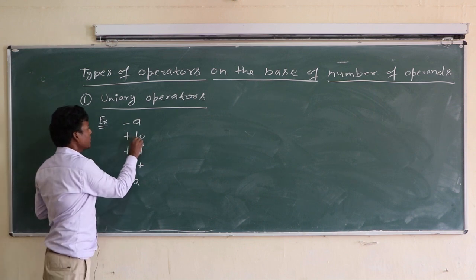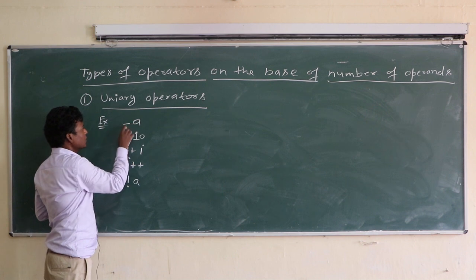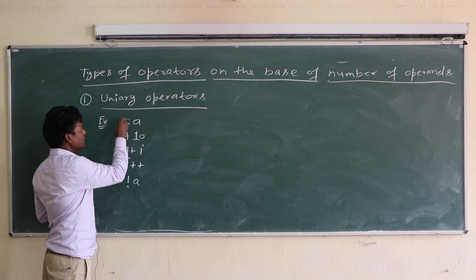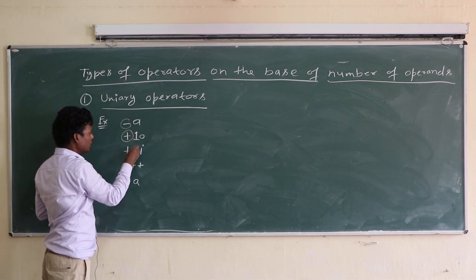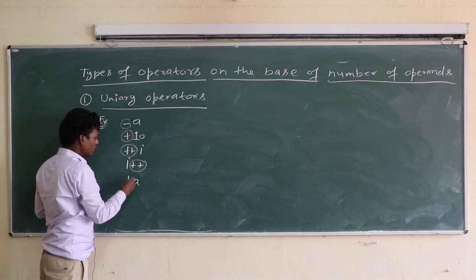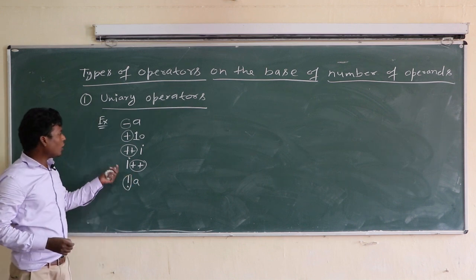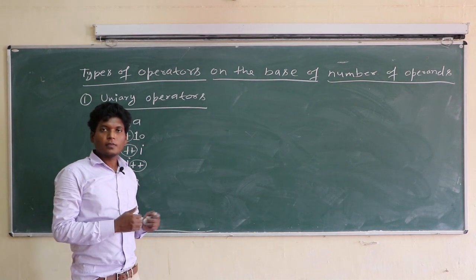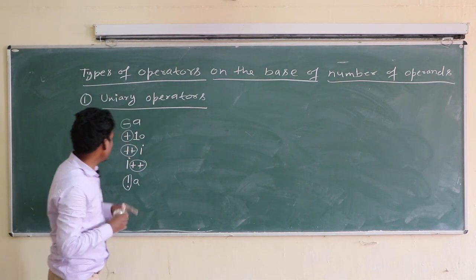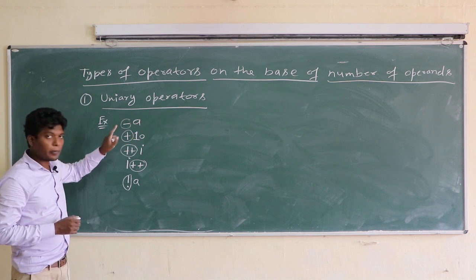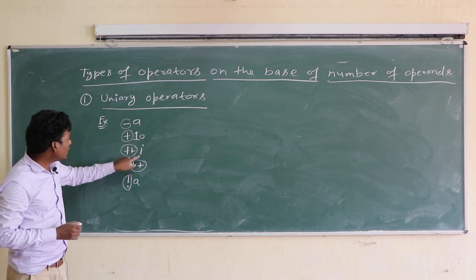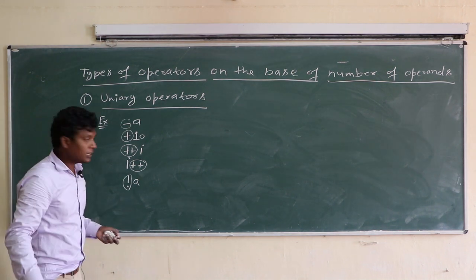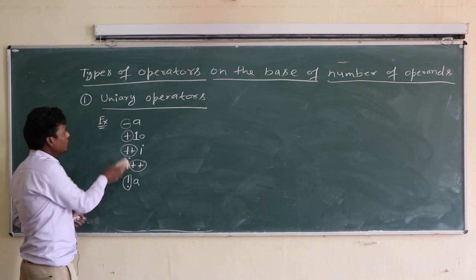So class, here we can see that all these operators are unary operators, because they work with a single operand. Here you can see minus a, a single operand. Etc. There are some other operators. These are the examples.